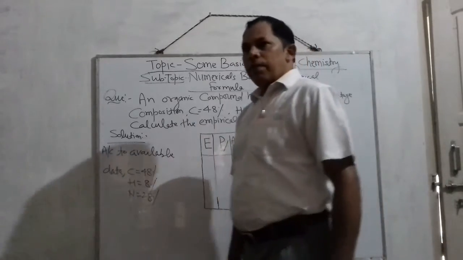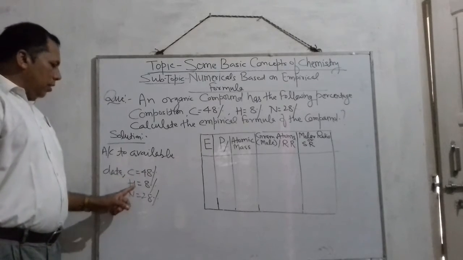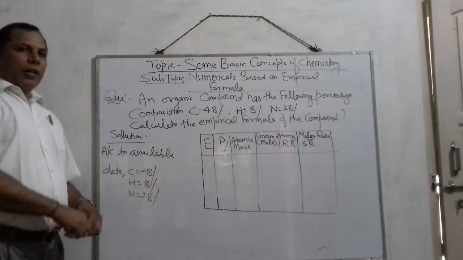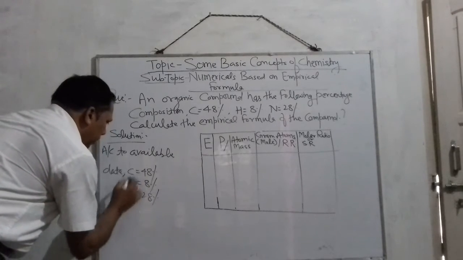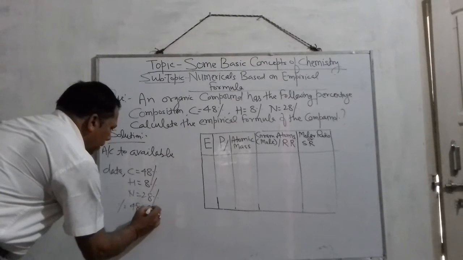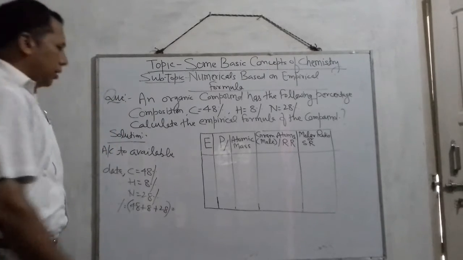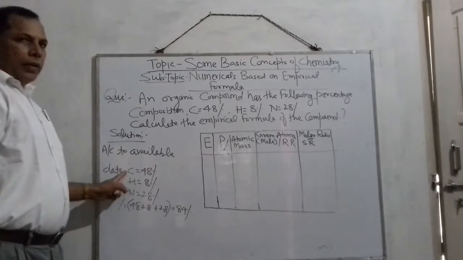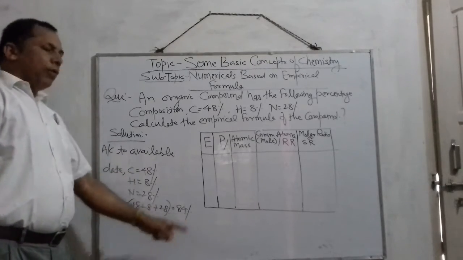So first of all, according to the data, the percentage of carbon is 48, hydrogen is 8, and nitrogen is 28%. So add the percentage of all these elements: 48 plus 8 plus 28, that is 84. So the total percentage of the elements present in the compound, that is carbon, hydrogen, nitrogen, is 84%.